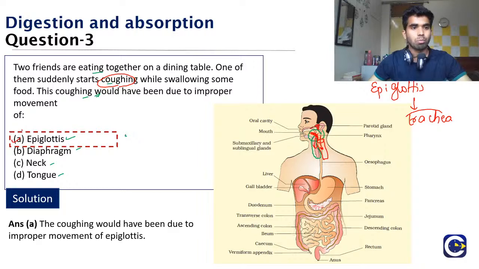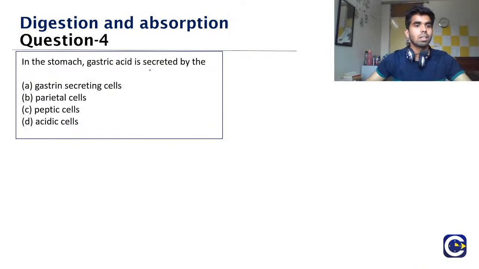Now coming to question number 4. In the stomach, gastric acid is secreted by option A, gastrin secreting cells, option B, parietal cells, option C, peptic cells, and option D, acidic cells. So what is the answer? What is the answer for this question, all of you?